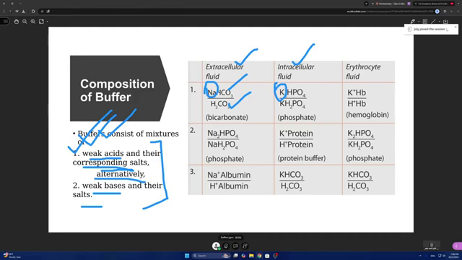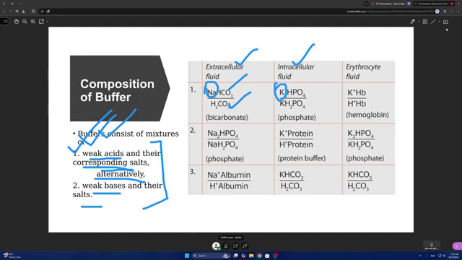So this is not very difficult, and there are two things. Acid can be identified by more hydrogen. The salt can be identified by the presence of cations. Whether it is extracellular or intracellular can be identified by the presence of sodium or potassium. If it is sodium, it is extracellular.